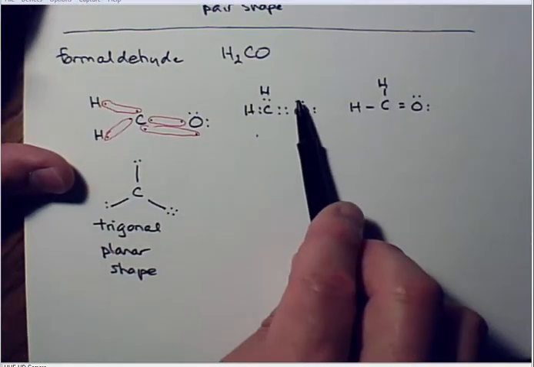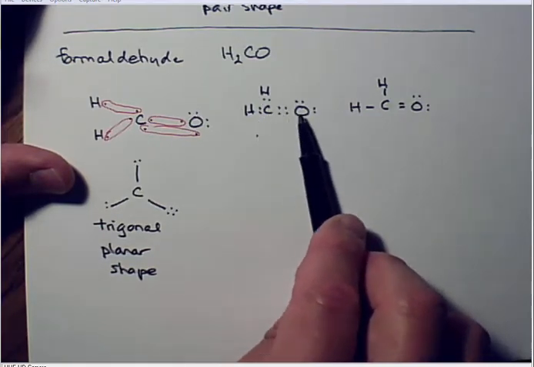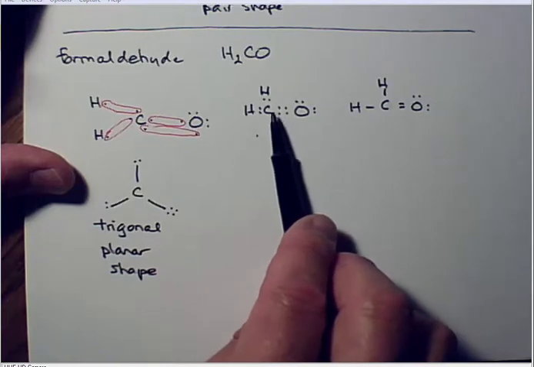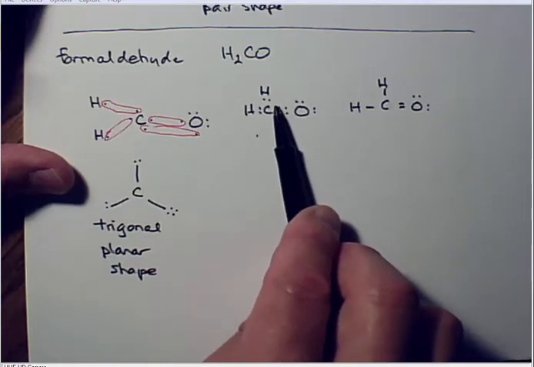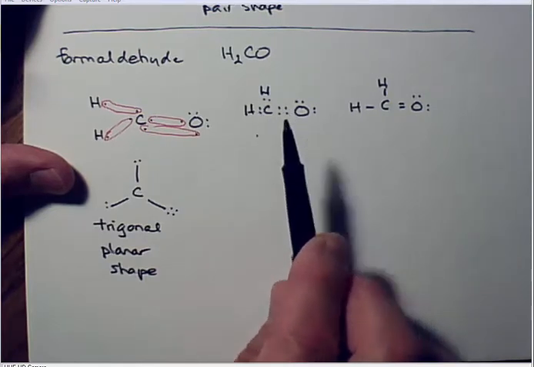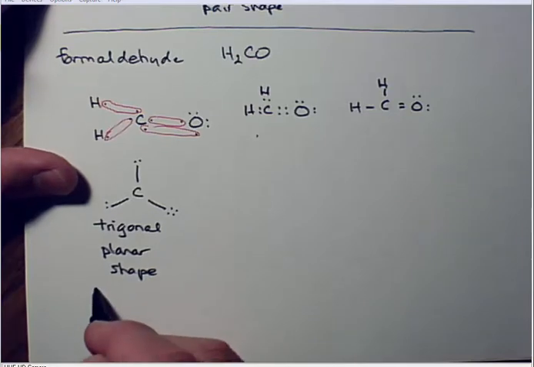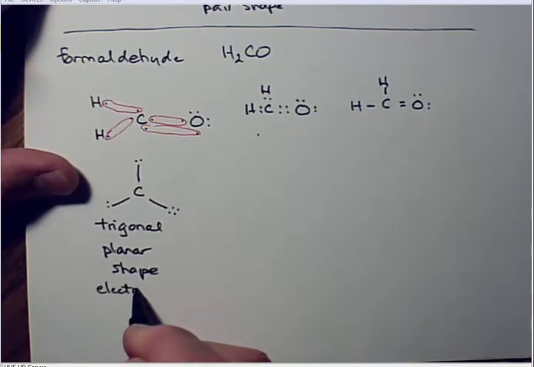Down here, the lone pairs over on the outside aren't changing the shape of the molecule in any way. It's only the electrons around this atom that govern the shape, because it governs the angles between more than one bond. Okay, so this is trigonal planar electron pair shape. Make sure you can name that, okay?